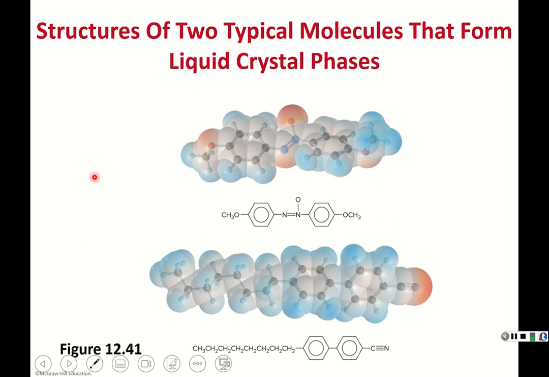For the rest of the lecture, we'll be talking about a little bit different materials and some more liquid materials. Okay. These are two structures that make liquid crystal phases. Don't need to know them. I wouldn't ask you to write them out or anything like that. But what they are, they're longer.